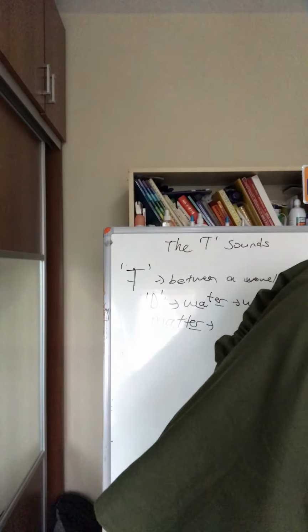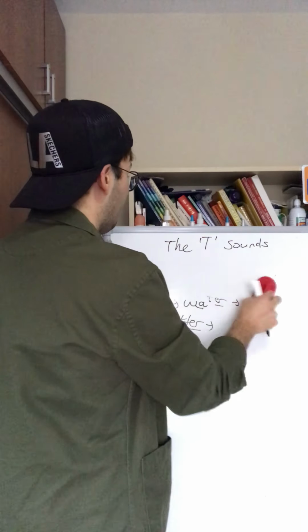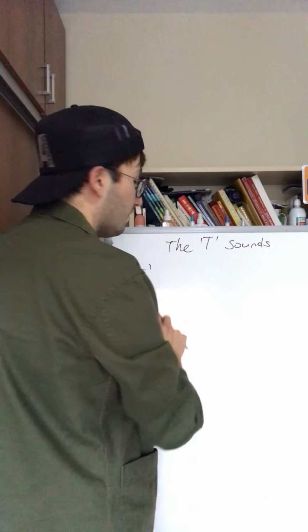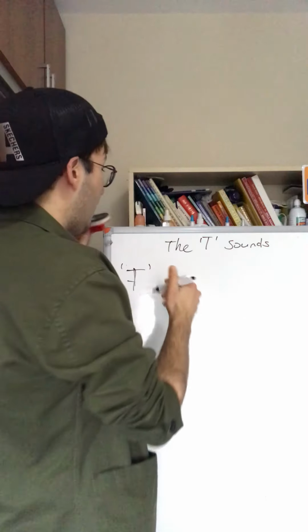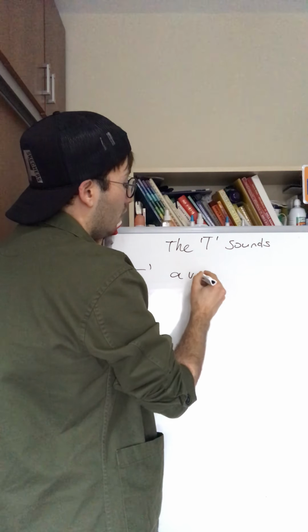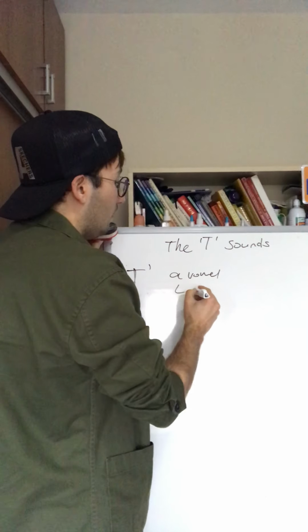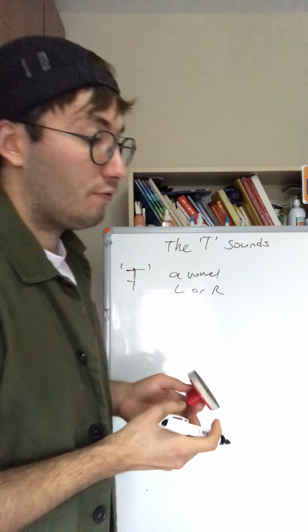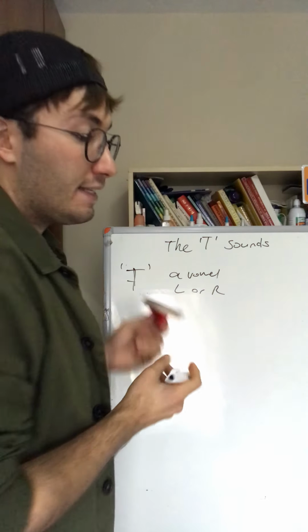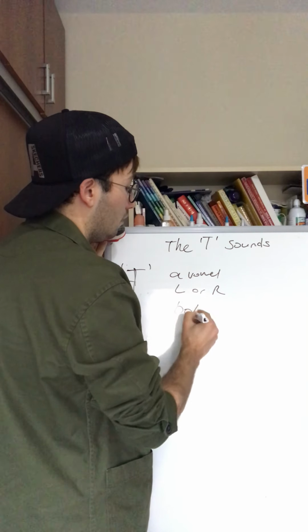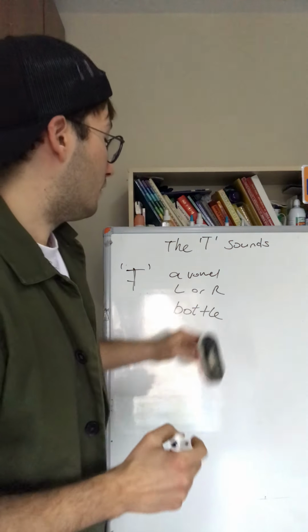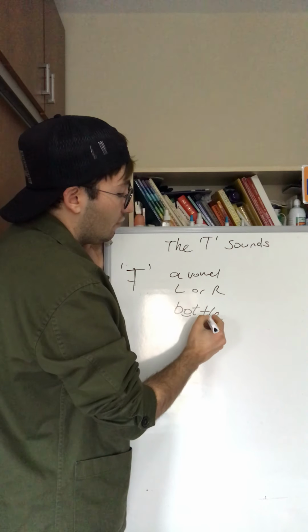Or if, for example, the T sound is between a vowel and L or R. Let me give an example. There is a vowel here and there is L here.